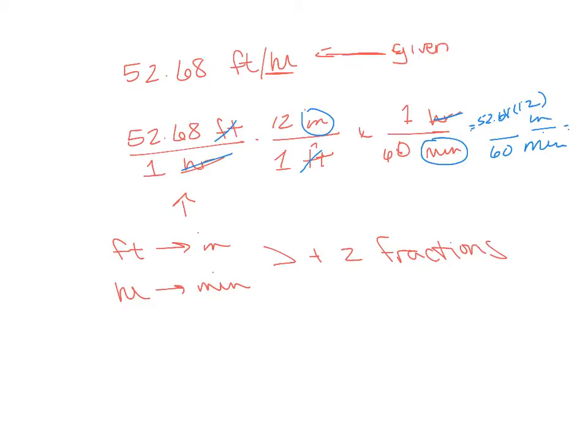So when you multiply and then divide, you get 10.536 inches per minute. Okay? So we'll do more of those in the later part of this video.